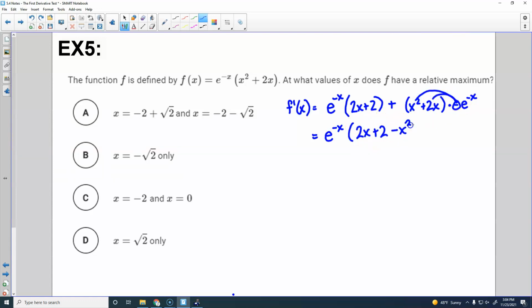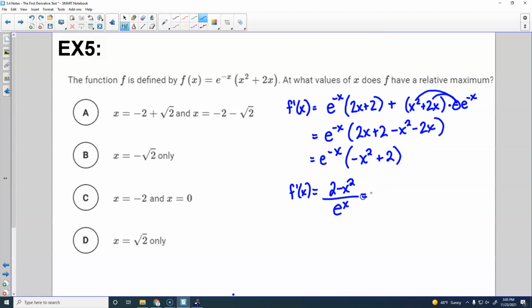So we'd have minus x squared minus 2x plus 2. And I would probably write it like this: 2 minus x squared over e to the x.